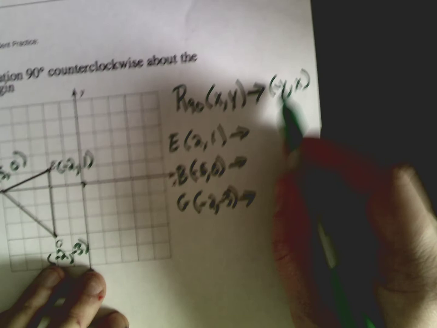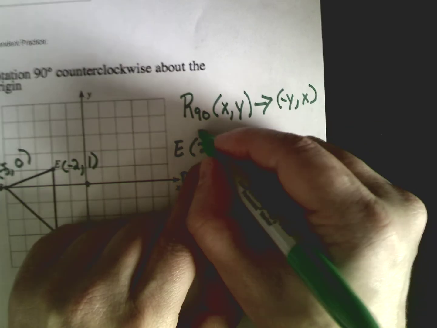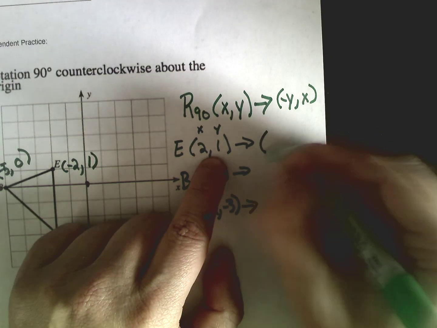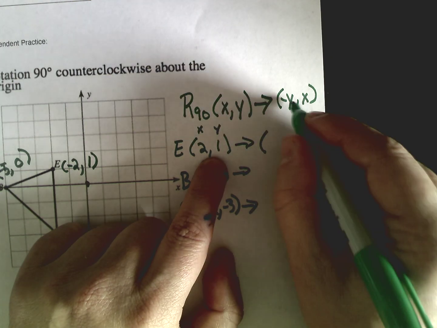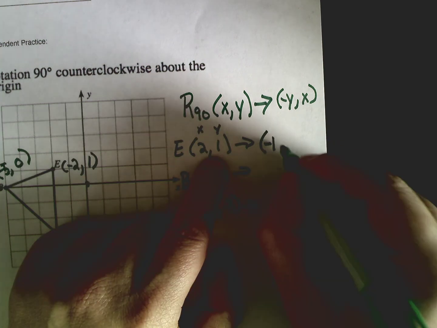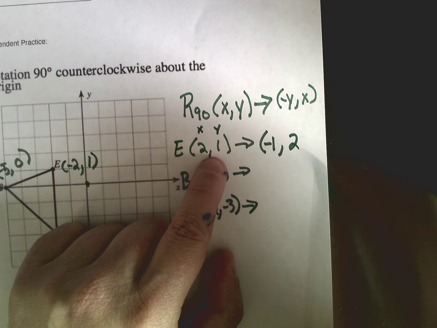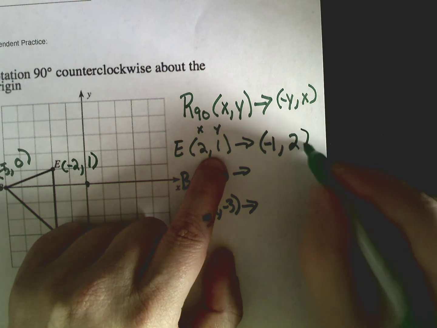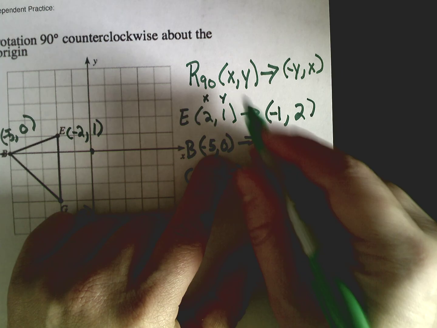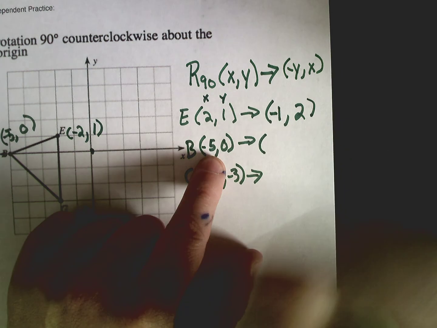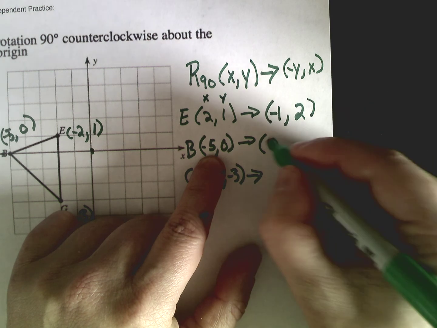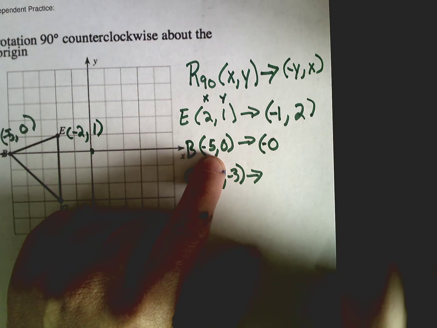Okay, so I put the Y first. So it's always X, comma, Y, right? My Y here is 1, and I change the sign to negative. And then I just put the X, 2. Then I do B. My Y is just 0. Now -0 doesn't really make any sense, but we could put -0 if you want.